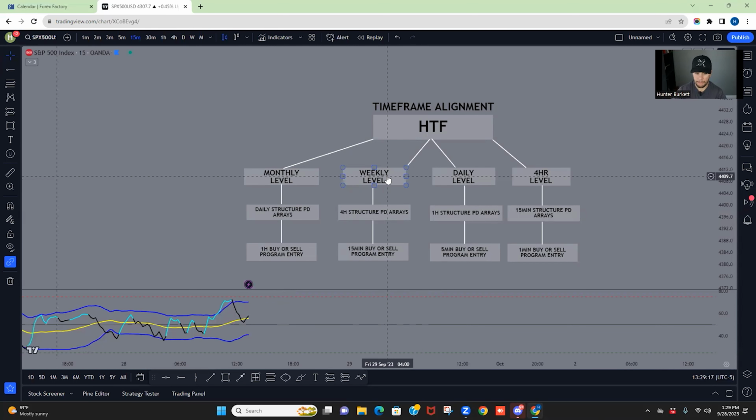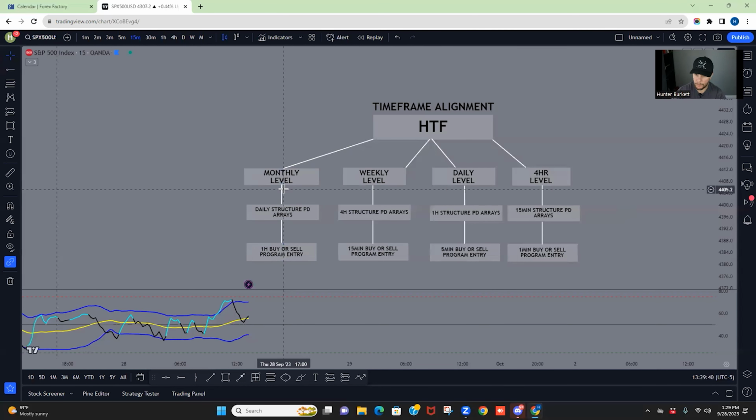Weekly levels, 4 hour structure, PD arrays, 15-minute buy or sell program entry. Daily levels, 1 hour structure, PD arrays, 5-minute buy or sell entry. 4 hour levels, 15-minute structure, PD arrays, 1 hour buy or sell.